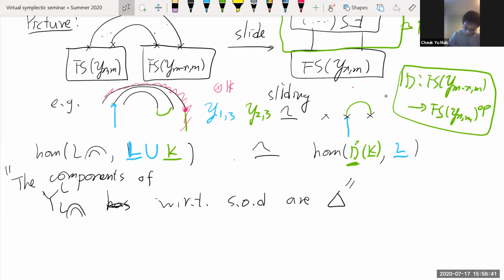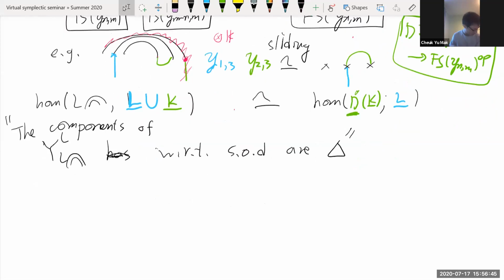And then let's move on. Right. And then we need one more input to deduce the spectral sequence, which is we need to consider the Koszul-dual semi-orthogonal decomposition.